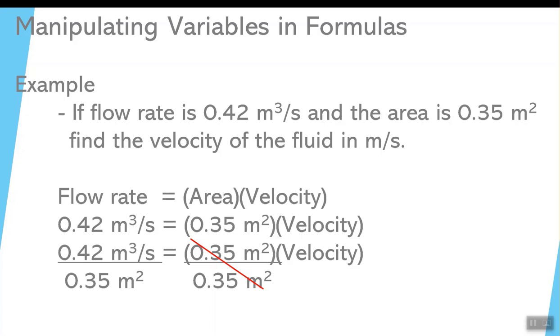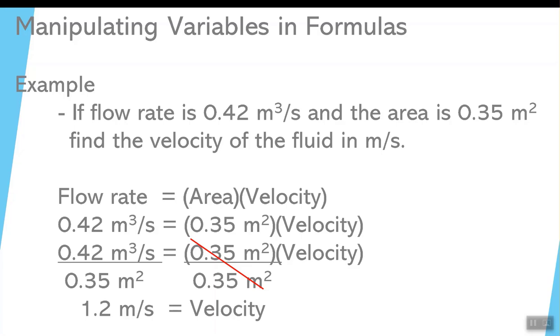On the left side, that's 0.42 meters cubed per second divided by 0.35 meters squared. And notice the unit that you get is meters per second, and that is the correct unit for velocity. So we have a very high confidence that this has been done correct. Answer is 1.2.